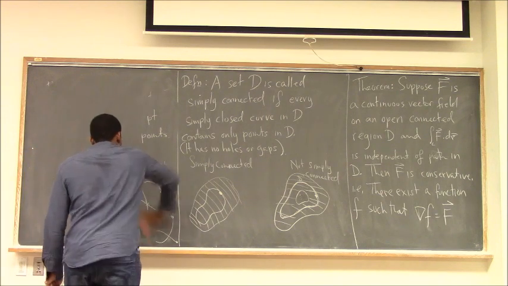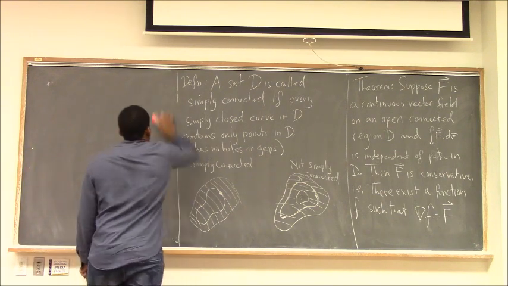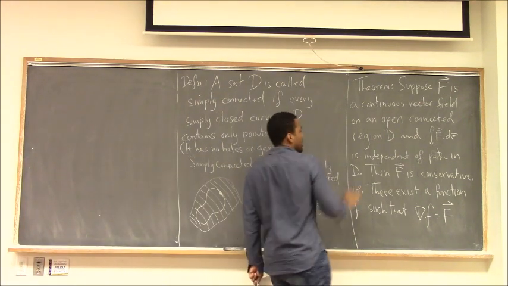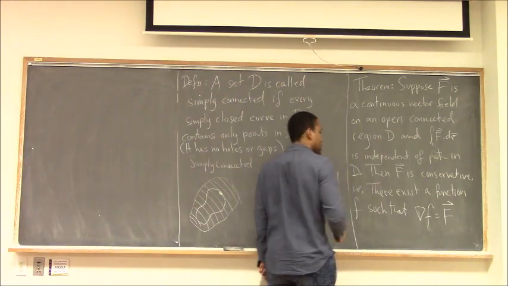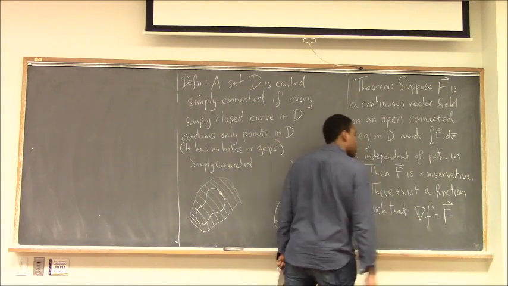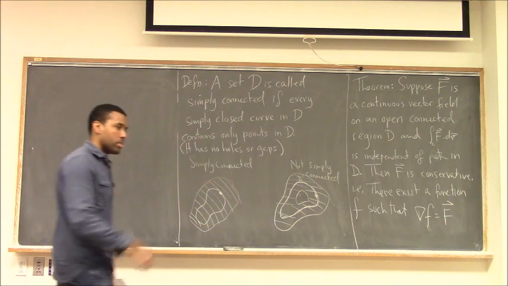I'll give you some criteria that are easier to check if you actually know a formula for your vector field. But you can know that if this happens in any open connected set, then this is a conservative vector field, meaning it is the gradient of something, which would mean that the fundamental theorem applies.